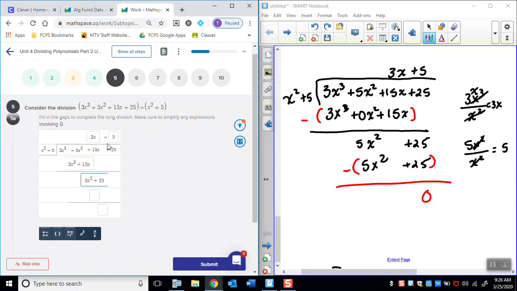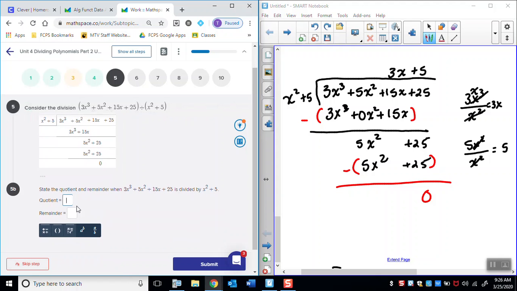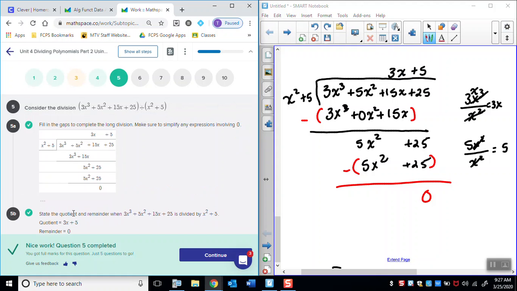And then I wrote the 5 here and then multiply back out, so you have 5x squared plus 25, and then we subtract those out and you have 0. So my answer to the problem is 3x plus 5, and then my remainder is a 0.